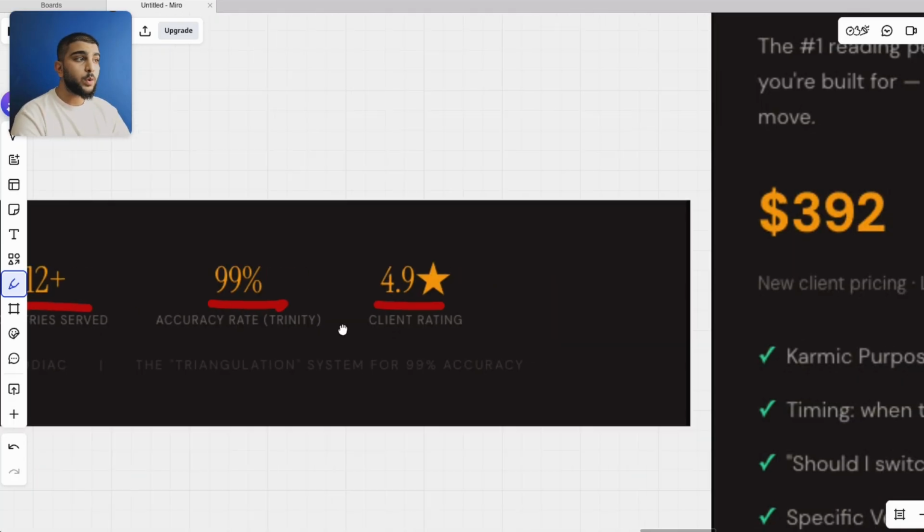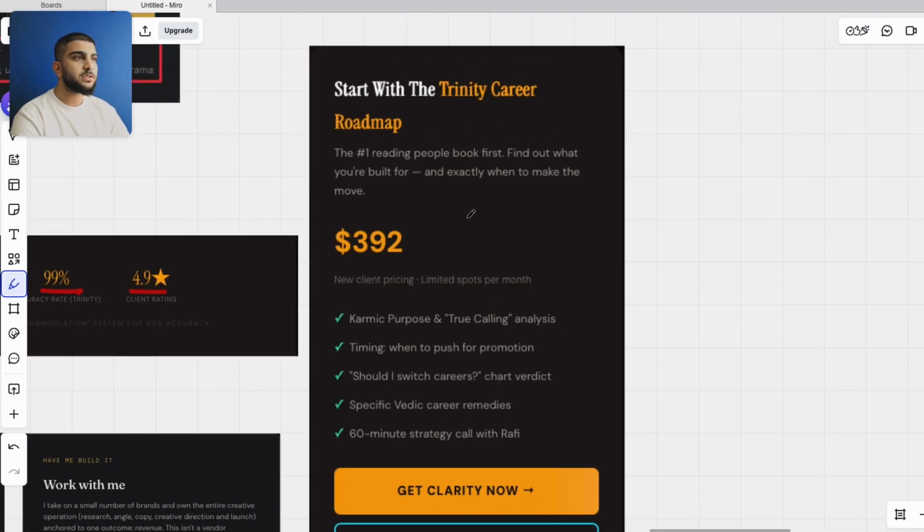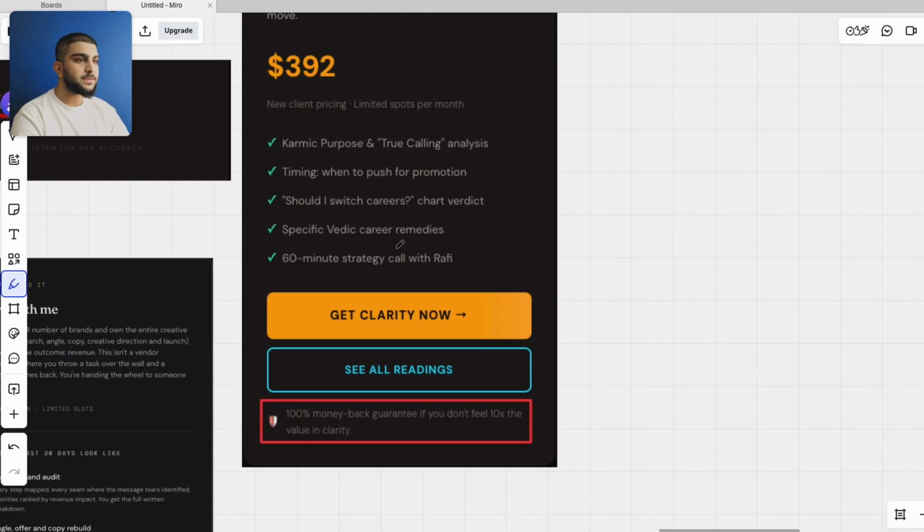Then the next way you can do a risk reversal, right? So this is just the card where people will purchase: 100% money back guarantee, which is standard, if you don't feel 10x the value in clarity. This is a bold claim, but if this just said 100% money back guarantee if you don't feel value in clarity, it doesn't hit as hard as 10 times the value in clarity.